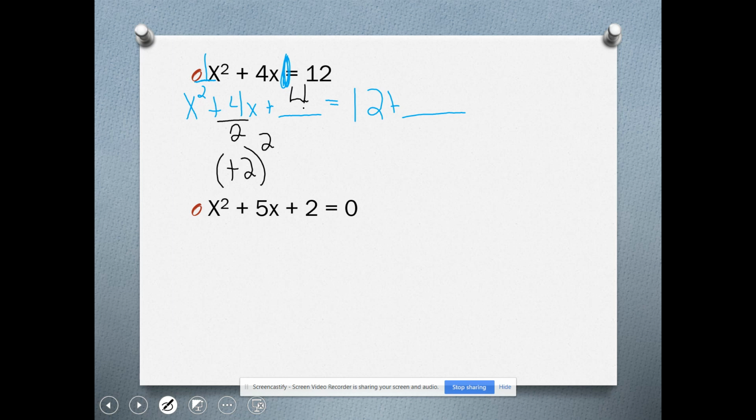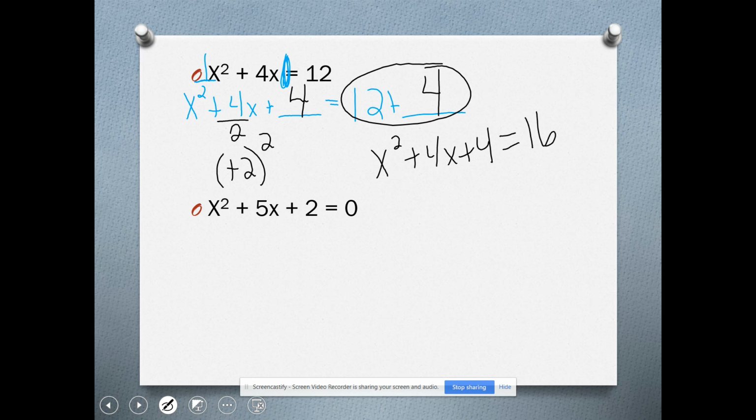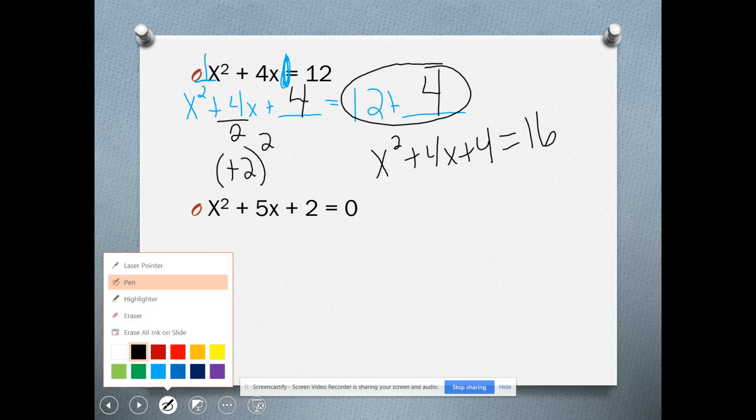Positive 2 squared is positive 4. Again, whatever we add to one side, we want to add to the other. So now we have x squared plus 4x plus 4 is equal to 12 plus 4 is 16.